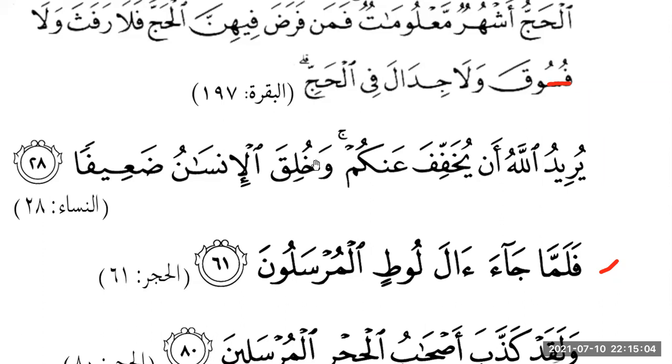Khuliqa is a passive verb, so it means being created. Al insanu, man. Dha'ifa: dha'if means weak. So we have khuliqa, a fi'l madi majhul, and we have al insanu.